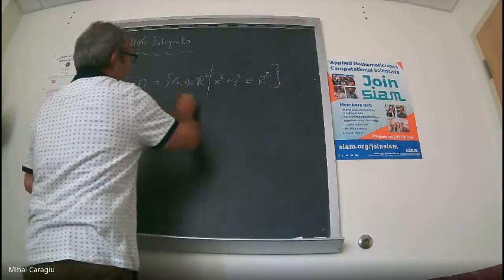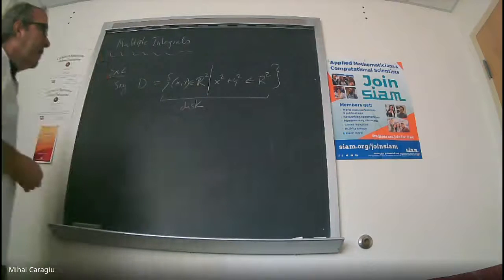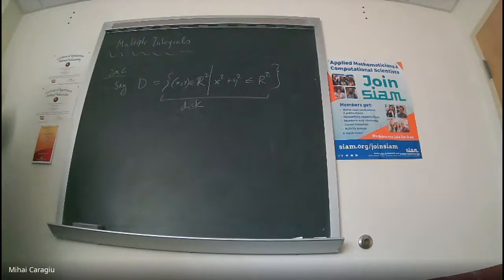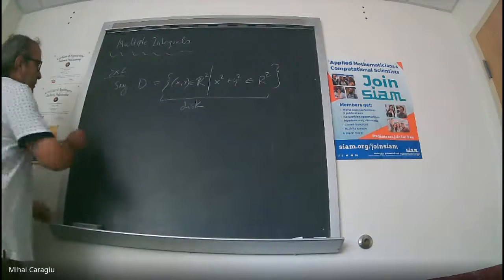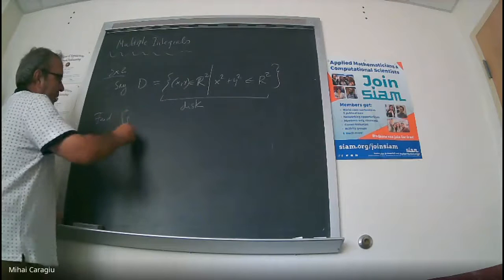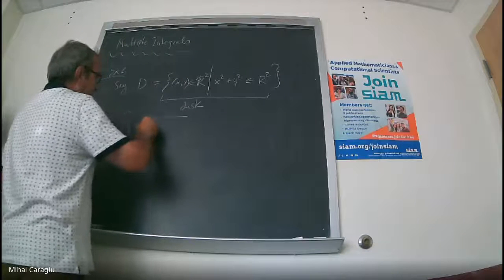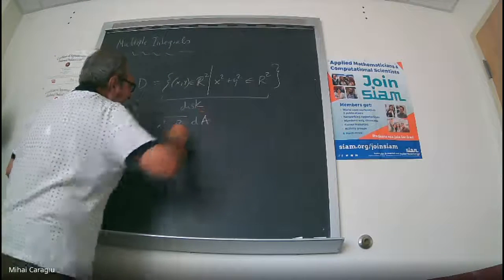What is this? It's a disk centered at the origin with radius R. Right? So find the following. Find the double integral over D of the square root of R squared minus x squared minus y squared dA.